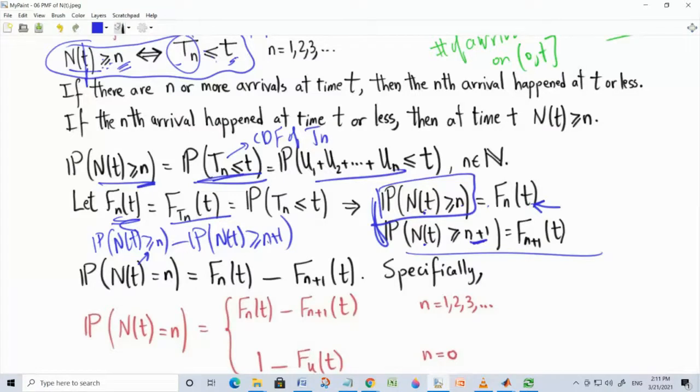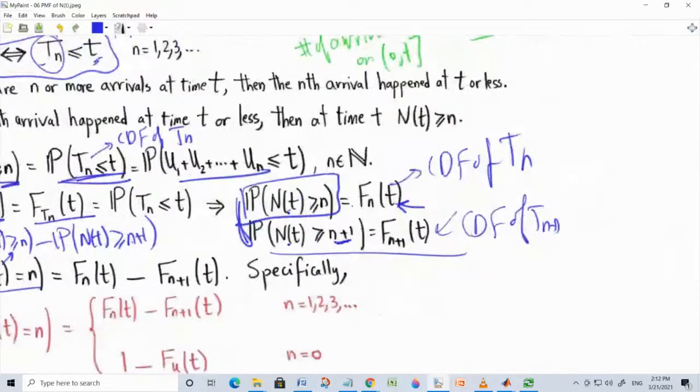Hence this PMF is equal to the difference between these two CDFs. So this is the CDF of T sub n, and this is the CDF of T sub n plus 1. And don't forget that T sub n is the sum from U1 up to Un, and T sub n plus 1 is the sum from U1 to U sub n plus 1.